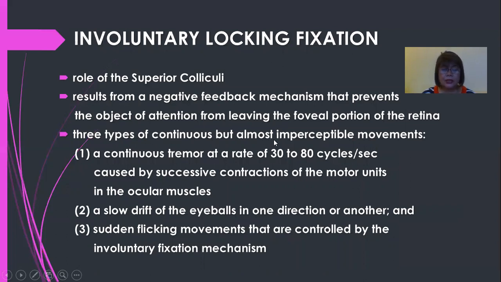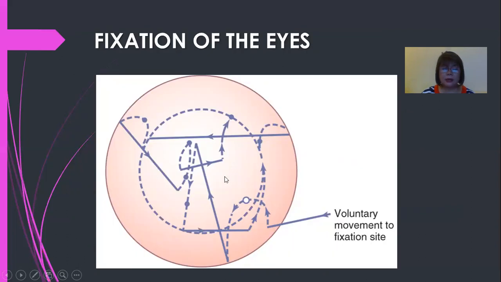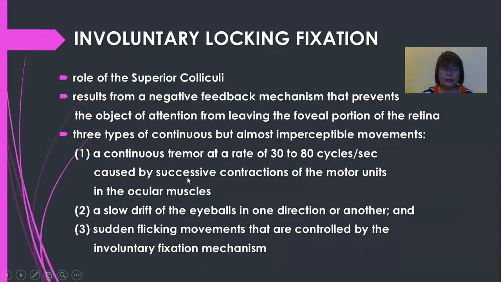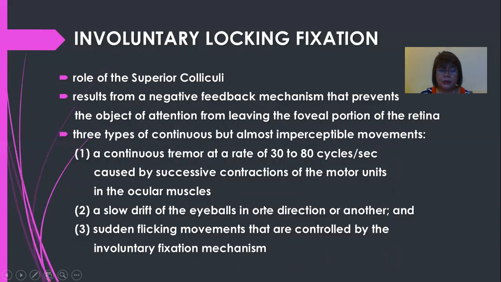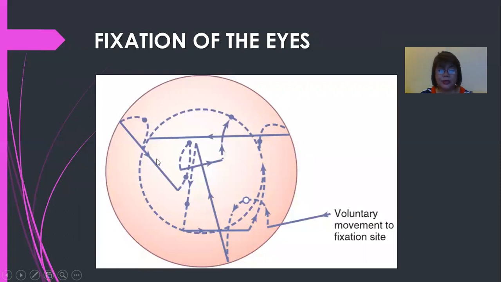There is continuous but almost imperceptible movement, a tremor at a rate of 30 to 80 cycles per second, caused by successive contractions of the motor units in the ocular muscles. There is also a slow drift of the eyeballs in one direction or another, small drifting.